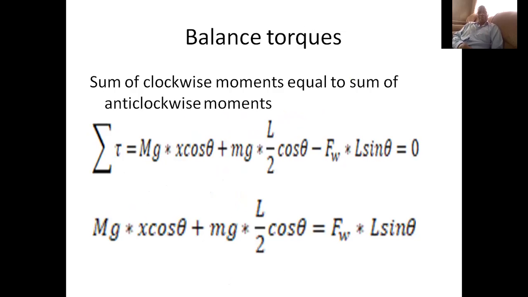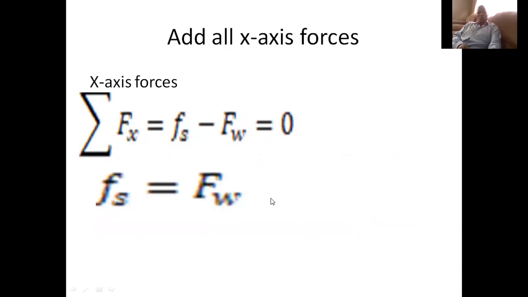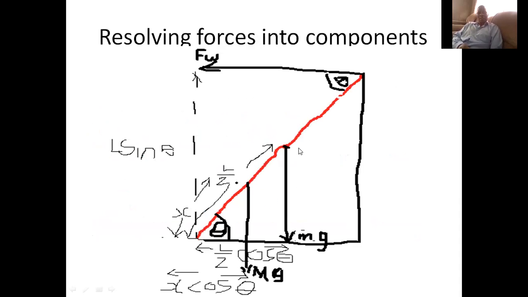And then plus mg, which is the weight of the ladder, multiplied by L over 2 cos theta, which is the distance perpendicular to this weight. So this is the weight of the ladder.